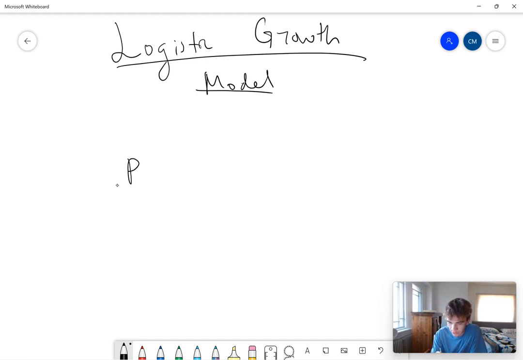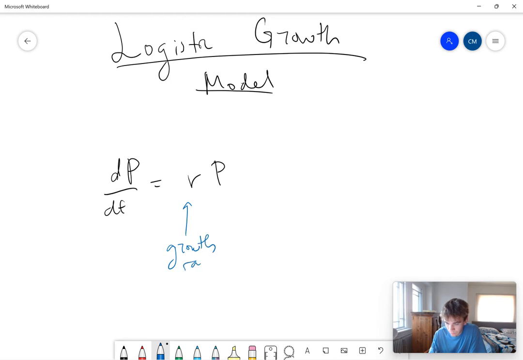So if we have a population, and we're looking at the rate of change with respect to time, we say that it's related directly to the current size of the population by this factor, this growth rate r. And then we're going to multiply this by a carrying capacity term. Okay, so that's going to be 1 minus p over k, where k is the carrying capacity.